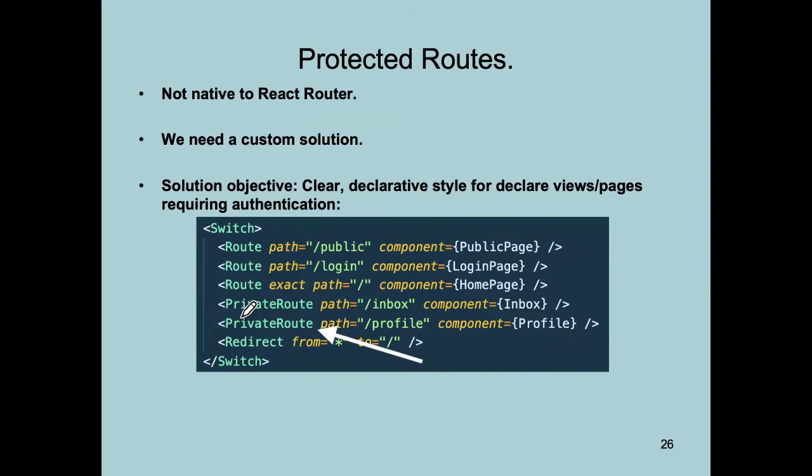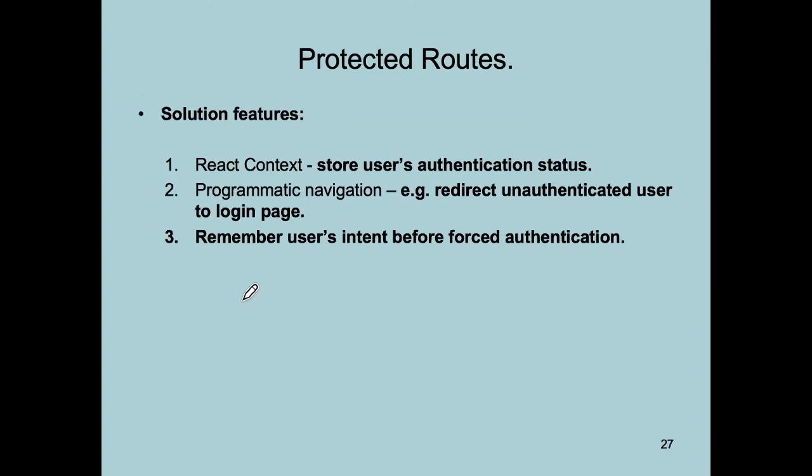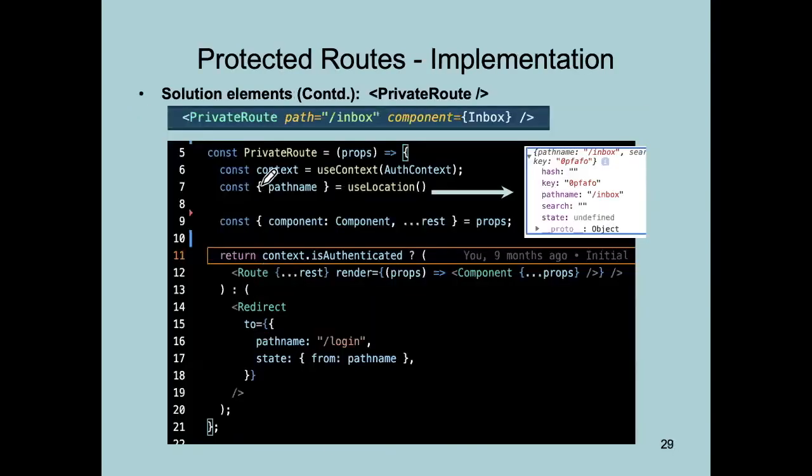Every time my component mounts, or when my app loads into the browser initially, all of this is evaluated. And so each private route entry here, that's evaluated. And by evaluated, I mean this code executes for each one.